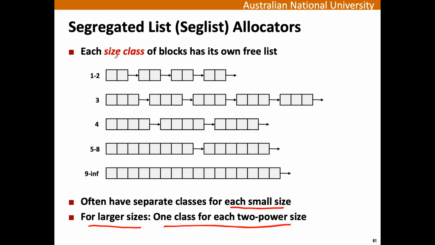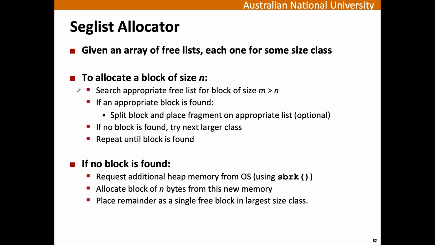And picking these size classes is a matter of experience. It's a matter of empirical evaluation. It depends on your specific application. Some applications create very large objects, arrays, data structures. Some applications create a lot of small variables and objects. It all depends on a number of factors how you pick your sizes.